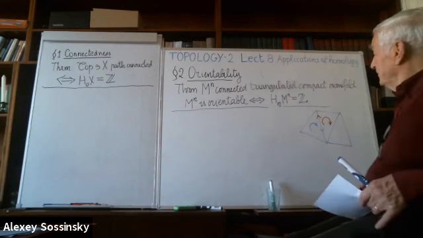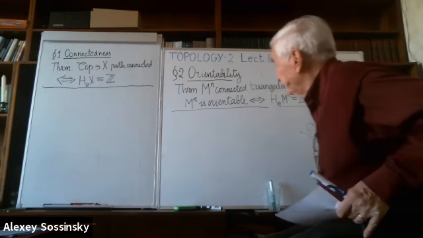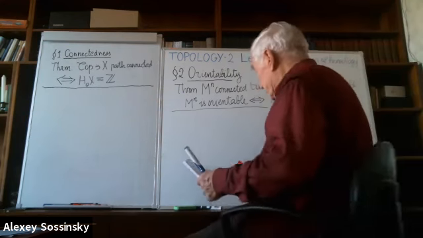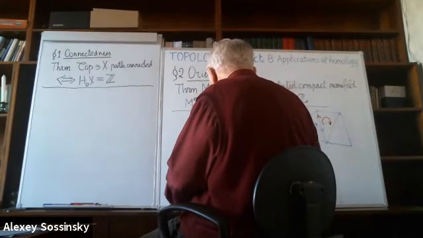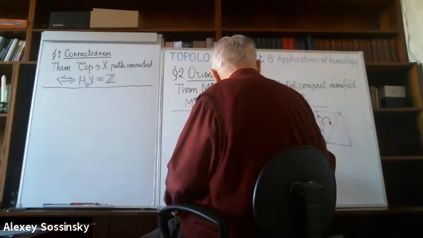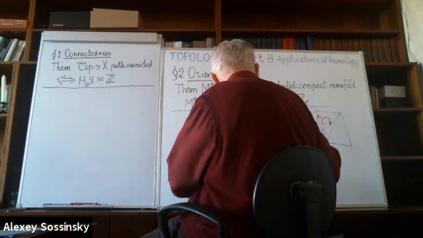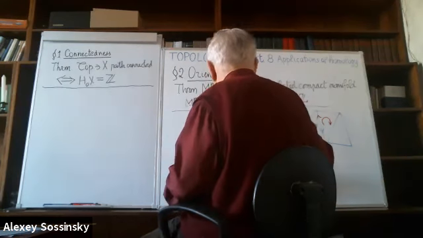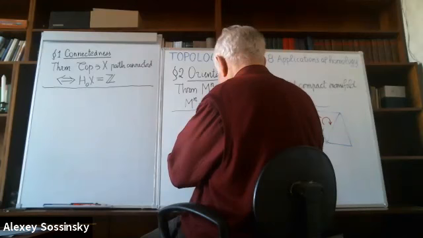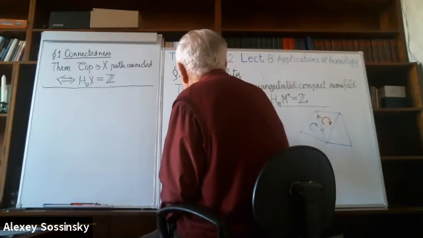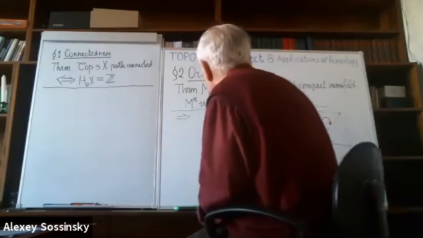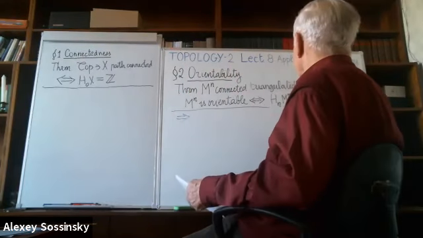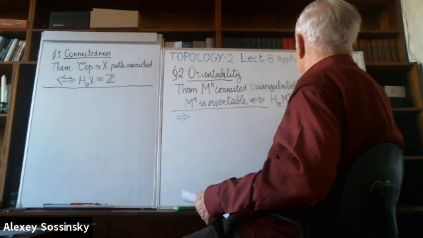Now, let us prove this theorem in the direction from left to right. So we assume that it is orientable, and we want to prove that the homology group is the integers.